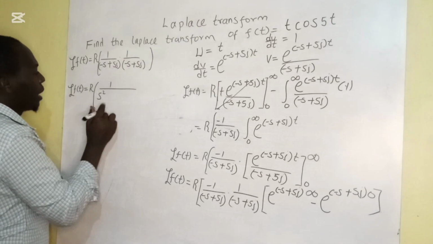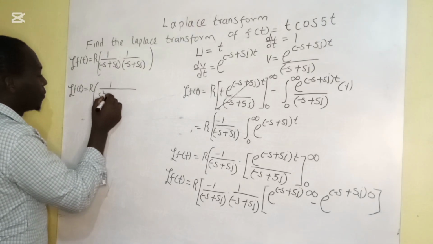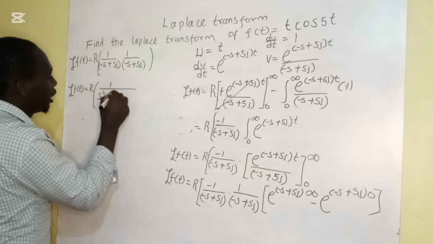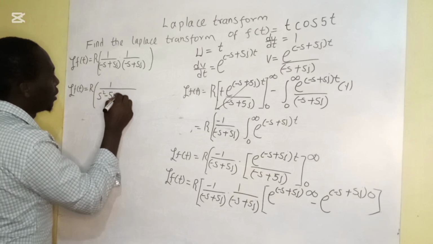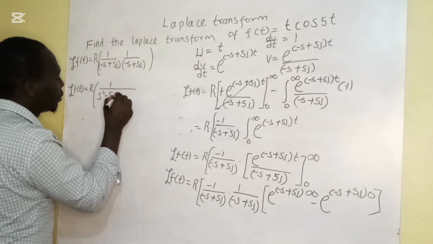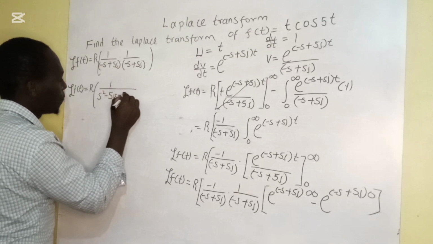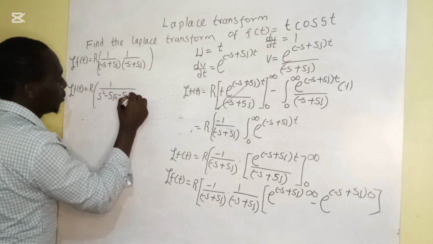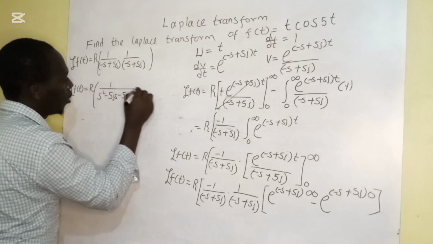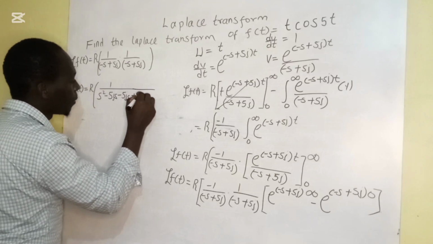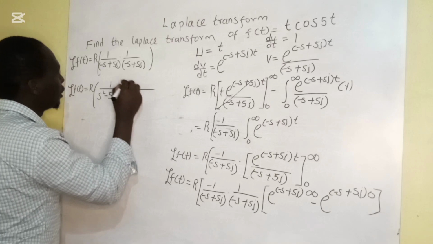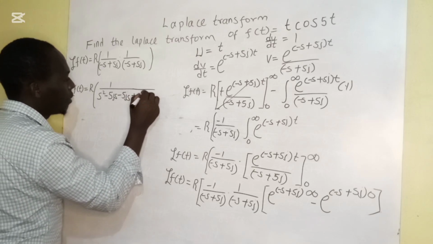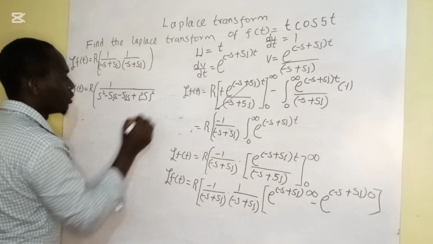Negative s multiplied by positive 5j, we are going to have a negative of 5j s. Here we are going to have a negative of 5j s. And here we are going to have a positive of 25j squared.